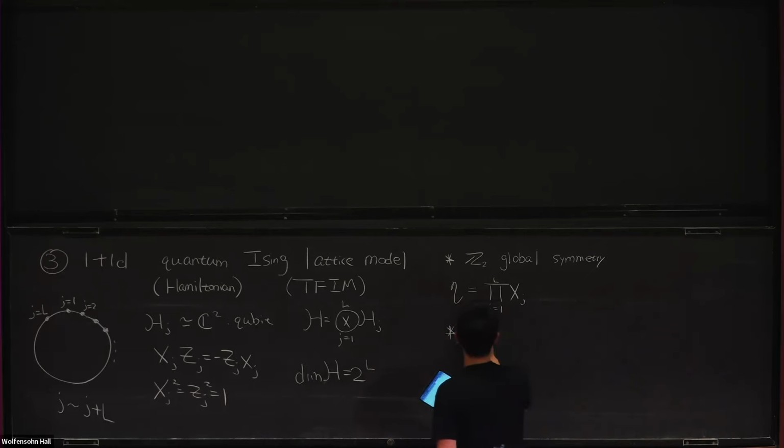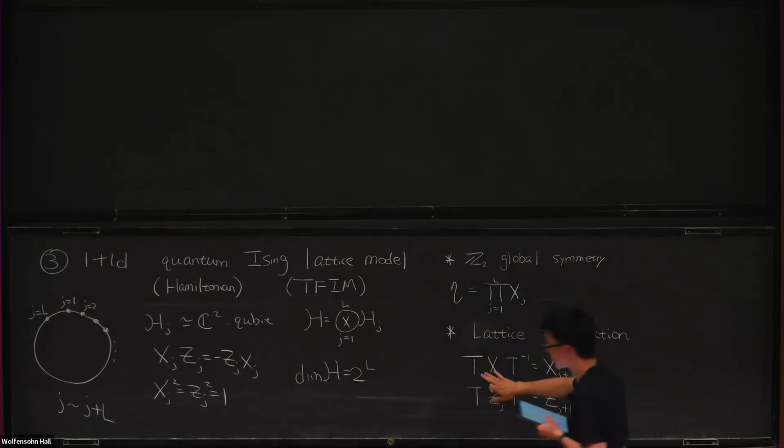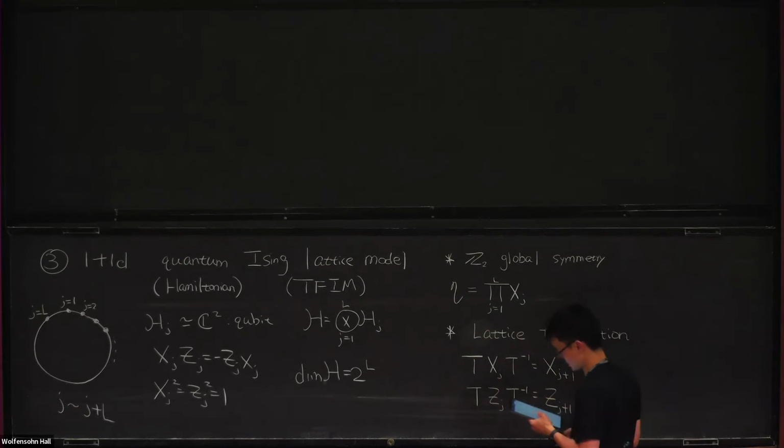In addition to the Z2 symmetry, we will also like to impose the lattice translation. You can also write the lattice translation operator T in terms of the Paulis, but I'm not going to bother you with that explicit expression.